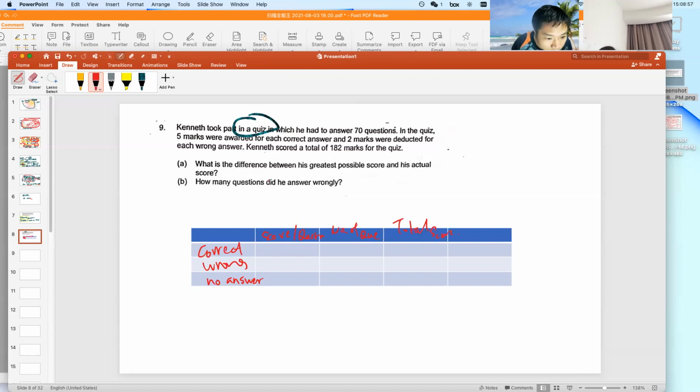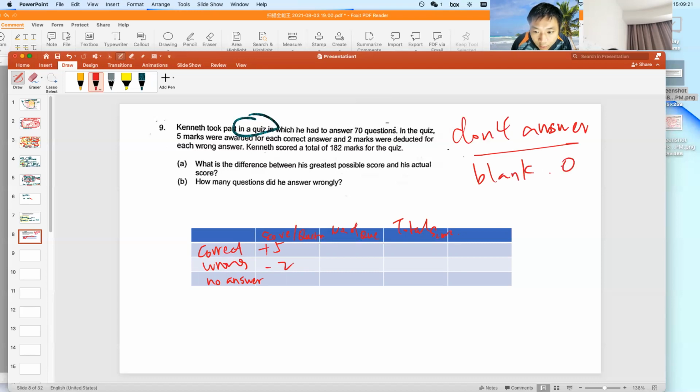Then for this question, 5 marks were awarded for each correct, so 5 marks plus 5, plus 5. And then 2 marks were deducted for each wrong, so -2. There are questions that say if you don't answer, you leave it blank, you get 0.